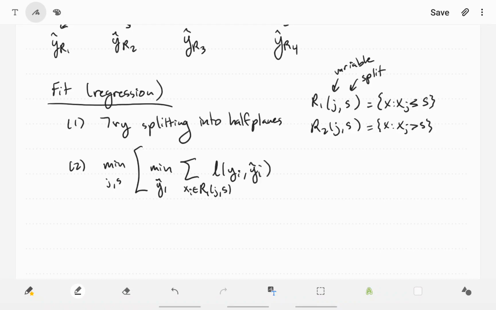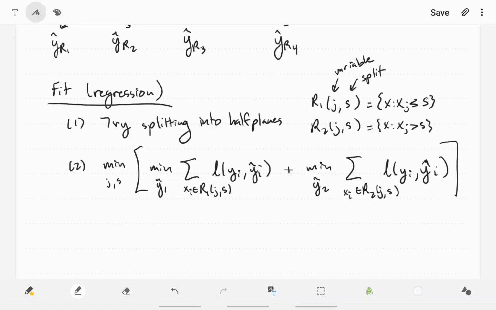So we can actually choose our favorite loss here. For example, square error loss would be just fine. Plus the minimum over y hat 2 of the sum over x_i lying within R2(j,s) of the loss of y_i and y hat 2.